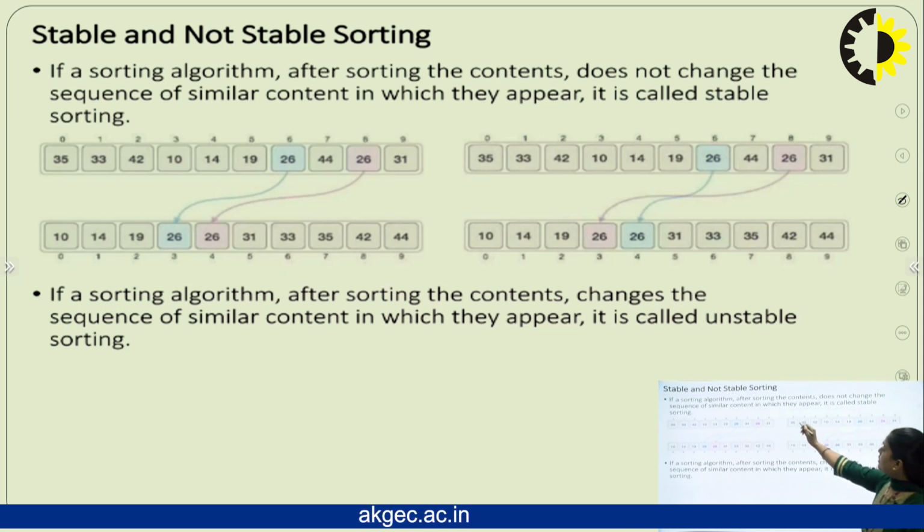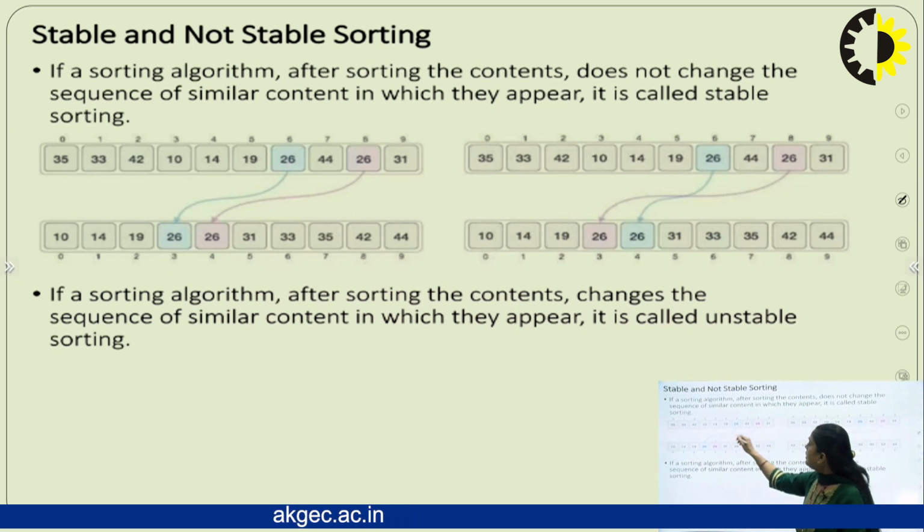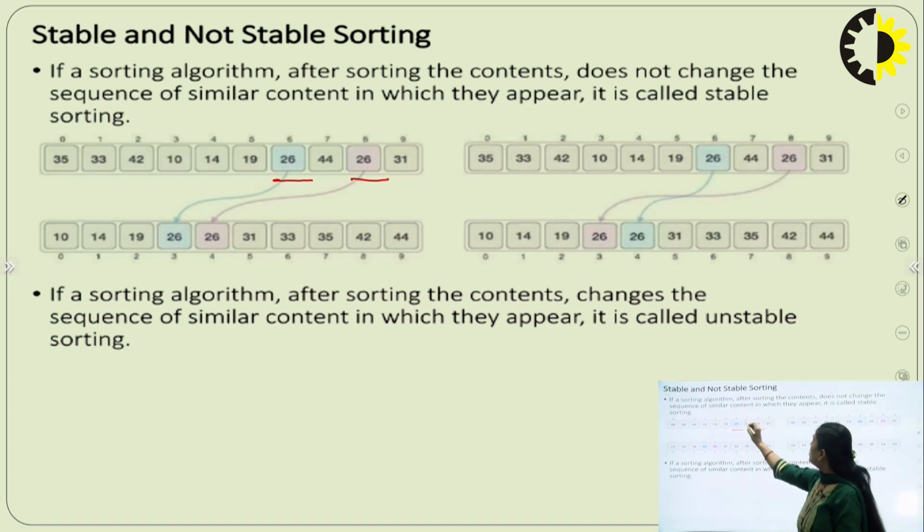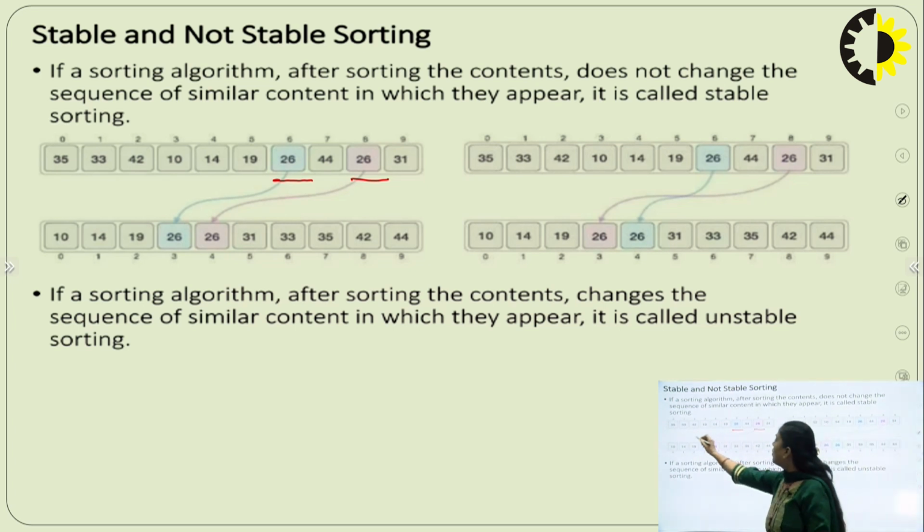Here we are watching this random data. Here this is the 26 at position 6 and this 26 at position 8. So, this is the repeated term, and this 26 at position 6 appears before the other 26. This is the sorted arrangement. After applying any technique, we got this sorted data.